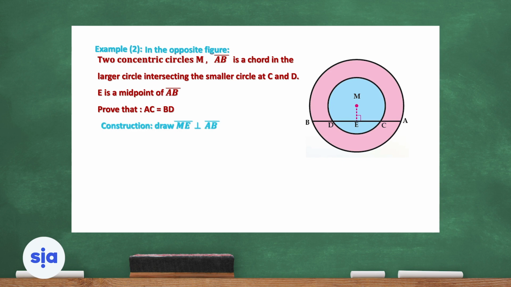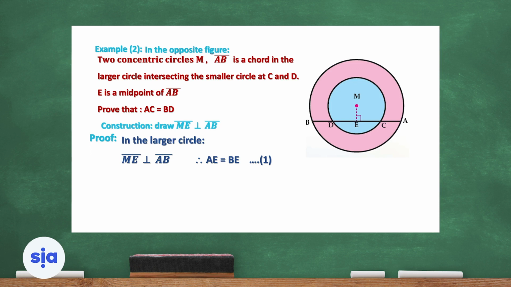So there is a construction that we need to draw: ME perpendicular to AB. How to prove that AC is equal to BD? In the larger circle, you will see that ME is perpendicular to AB. Then AE is equal to BE, because we just mentioned that if a line coming from the center is perpendicular to a chord, then it bisects this chord.